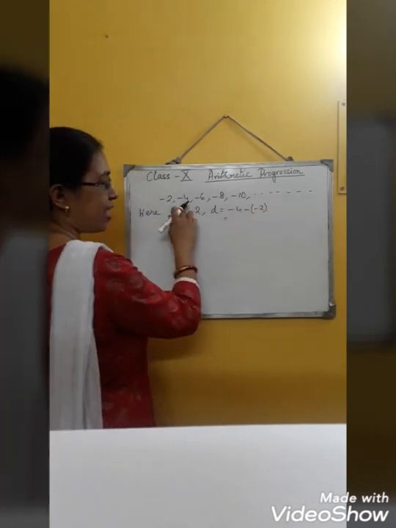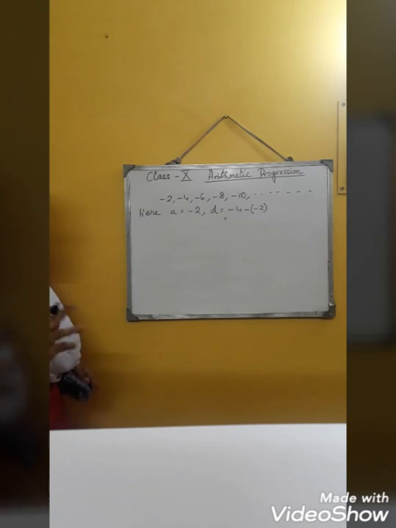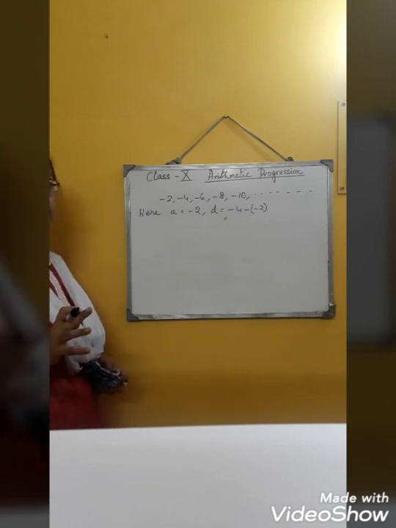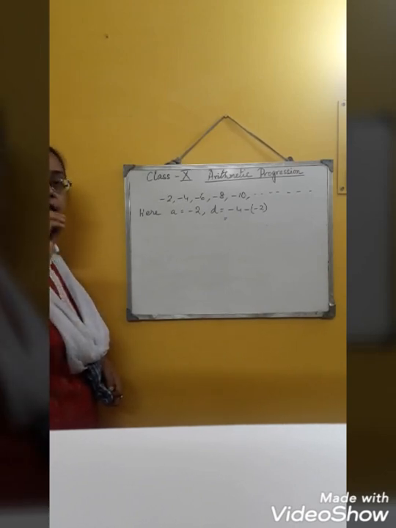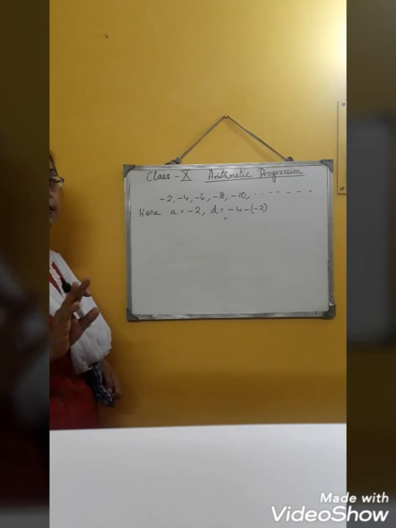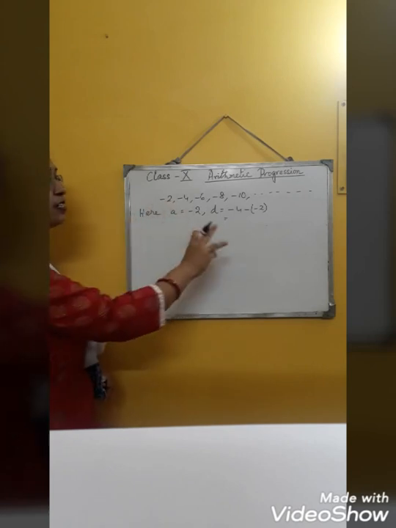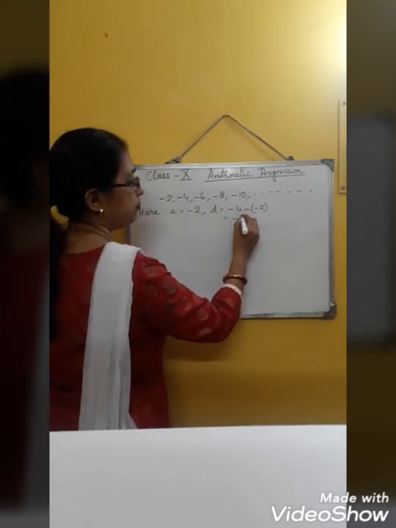The formula was second term minus first term. Never do first term minus second term. Even if it is coming in fraction, even if it is coming in negative, doesn't matter. That is not the issue. You have to do second term minus first term.